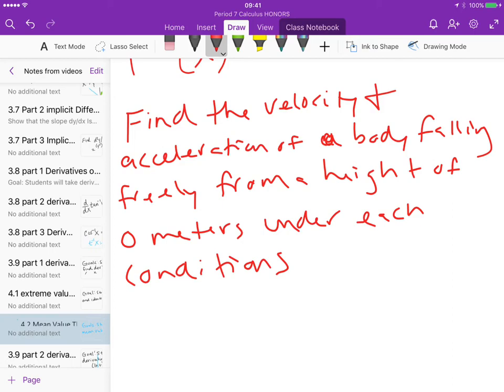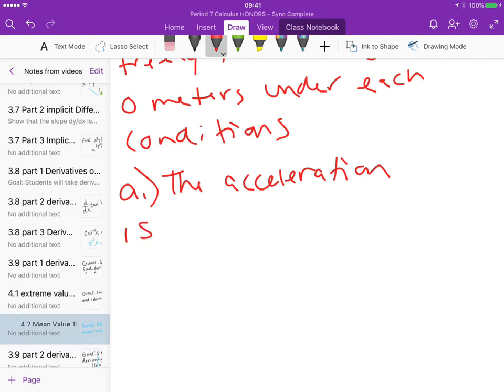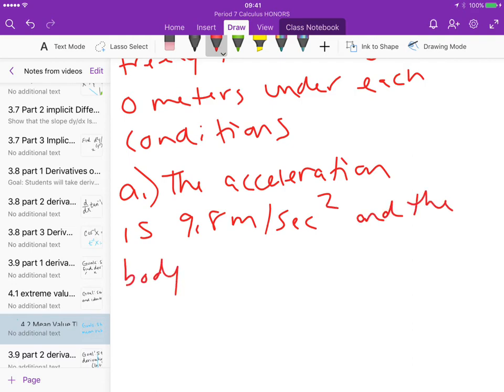Remember, the derivative of position becomes velocity. The derivative of velocity becomes acceleration. So what we are looking into for condition number 1 is the acceleration being 9.8 meters per second squared, and the body falling from rest.